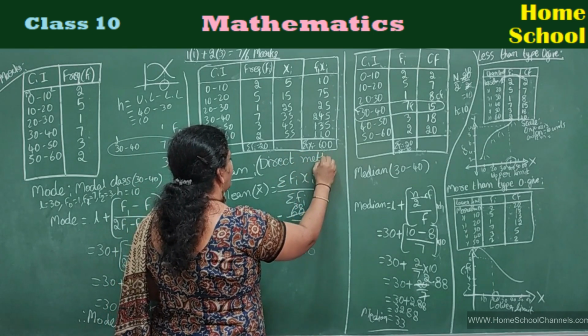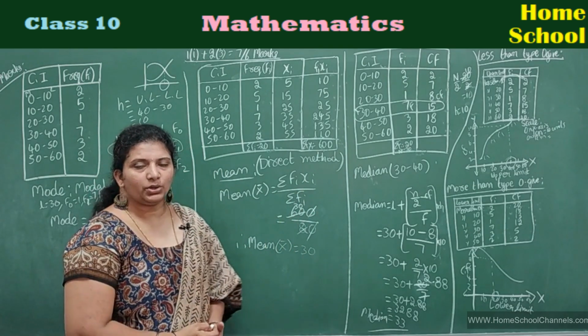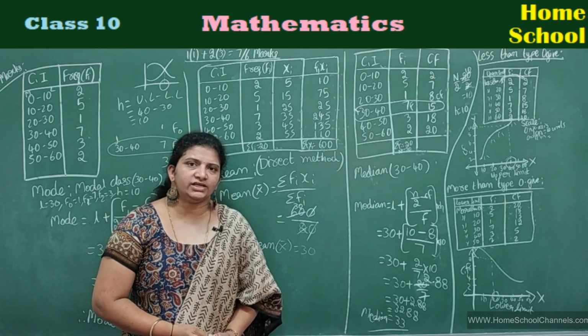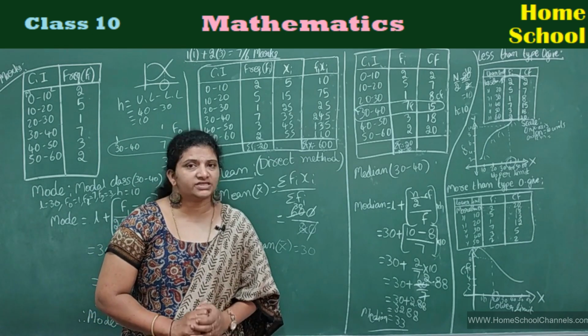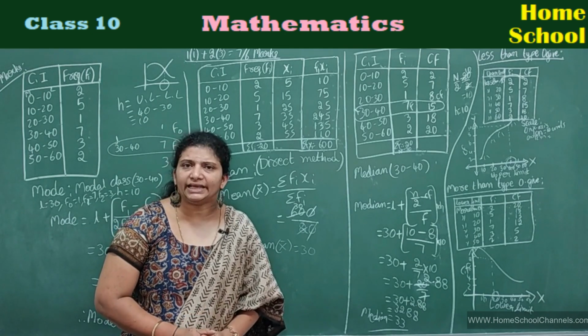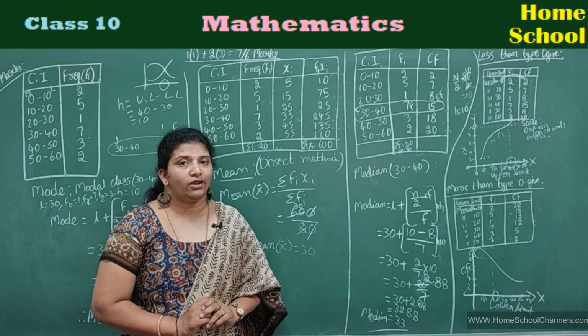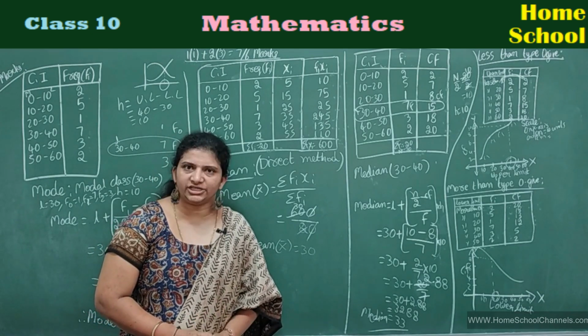Mean by direct method formula is this one. Step deviation and assumed method, if you want, you can go to the description box where I have completed this chapter in detail, each and every problem in all the 3 methods.